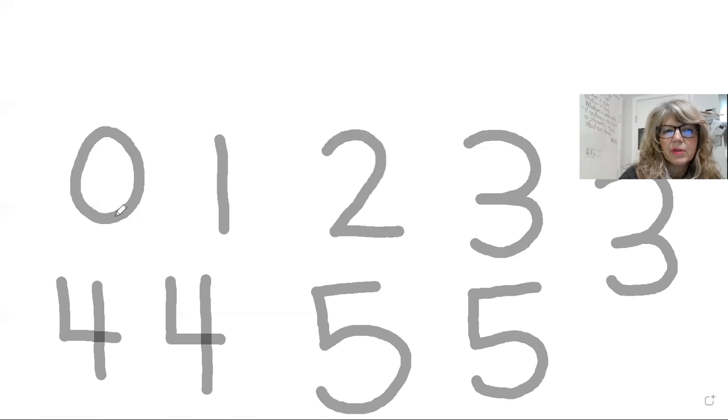So now we've got our numbers: 0, 1, 2, 3, 4, 5. And we're going to try to put these guys on a number line. So let's see if I can erase these. Get my eraser. Erase 0.